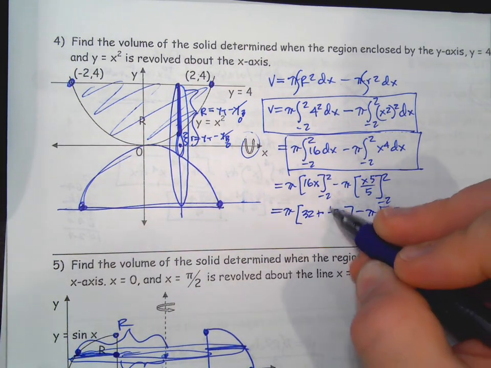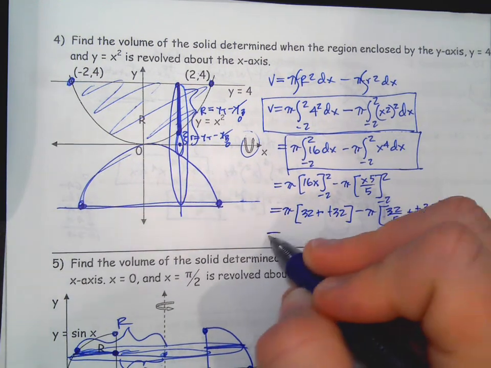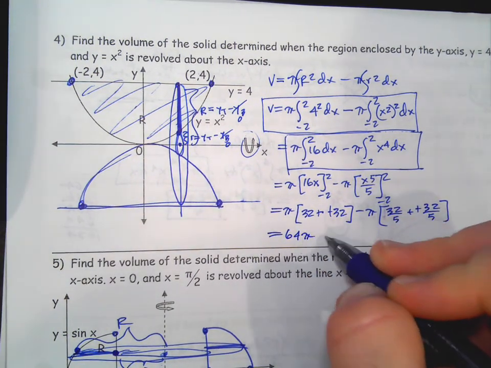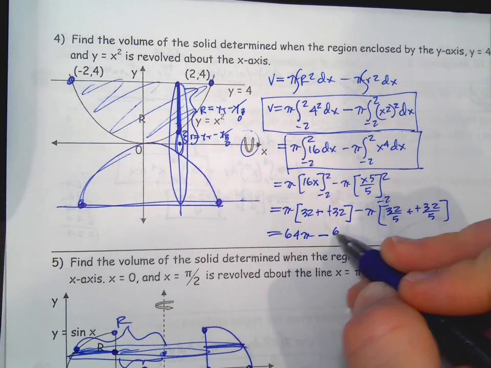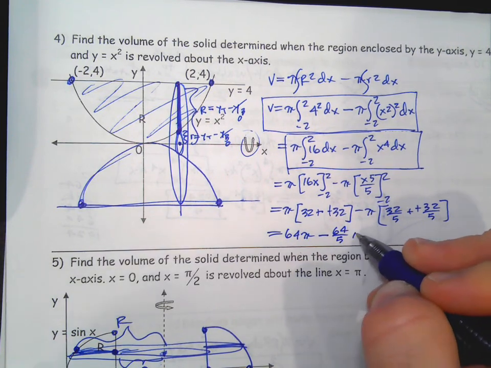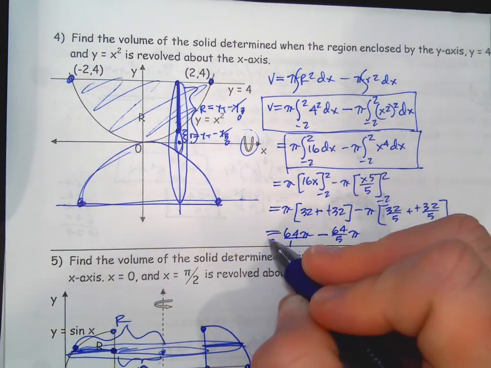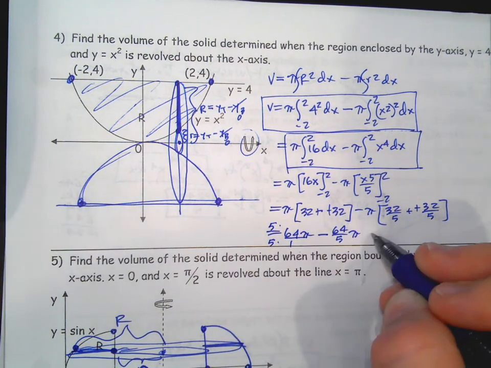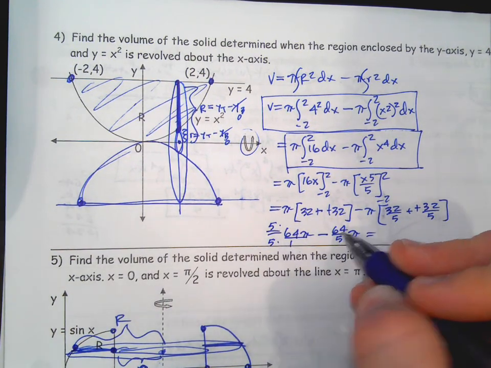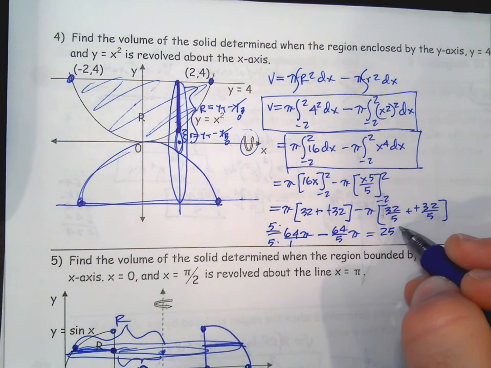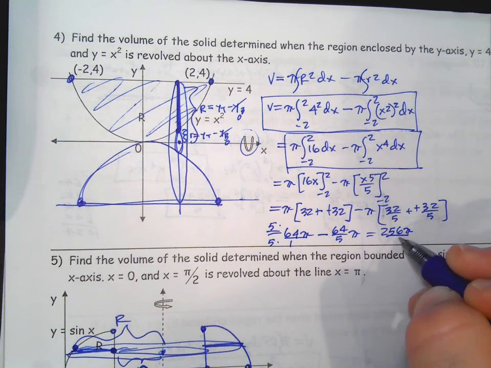Minus is plus, plus, plus, plus. So we get 64 pi minus 64 over 5 pi. So the least common denominator would be 5. That'd be 320 minus 64, which is 256 pi over 5.